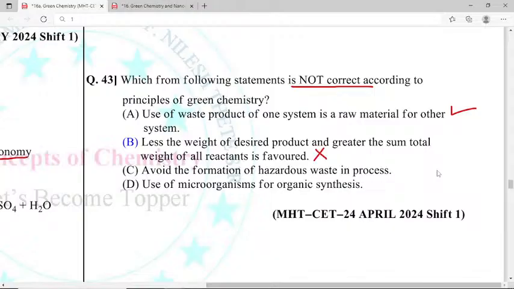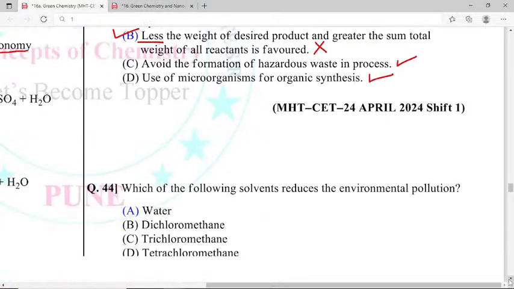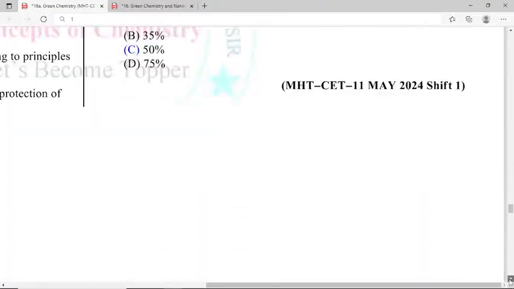No, it is not favored, so it is not correct. Avoiding the formation of hazardous wastes in a process is correct. Use of microorganisms for organic synthesis is correct. The question asked for the not correct one.